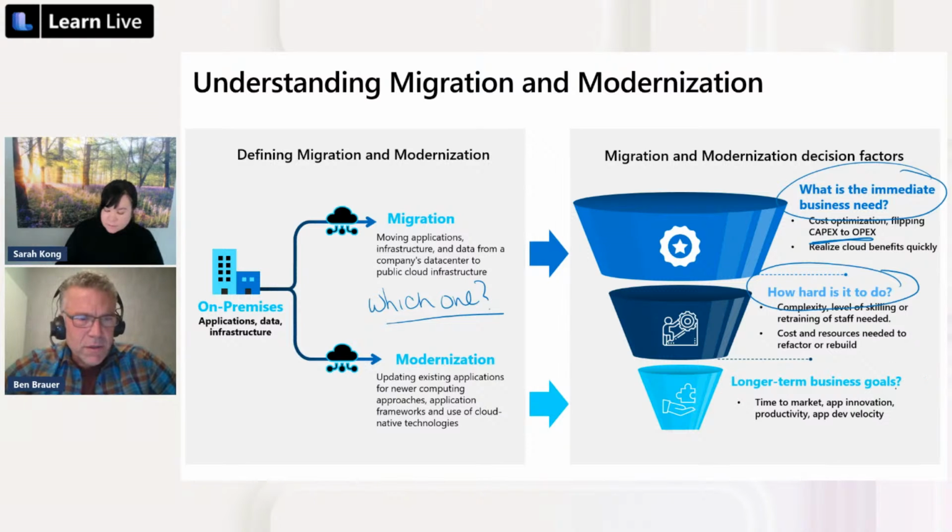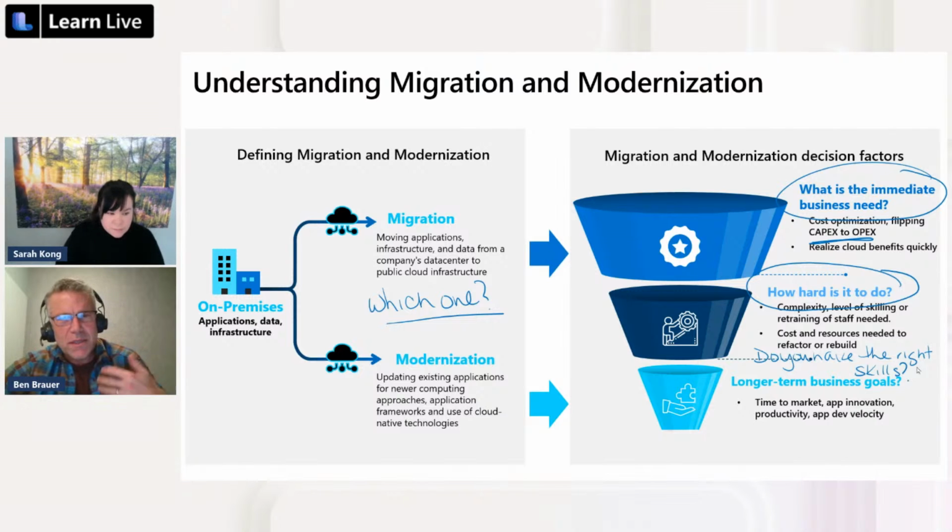If all you're trying to do is move that application onto a VM in the cloud, that probably doesn't need much skilling. However, if you're decomposing the application or the architecture into microservices or into serverless, that's going to take more skills, and that goes back to those AZ-305 certifications that would be useful. And so those are really important decisions to make.